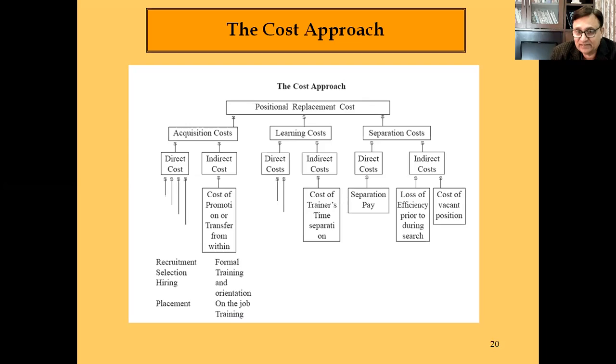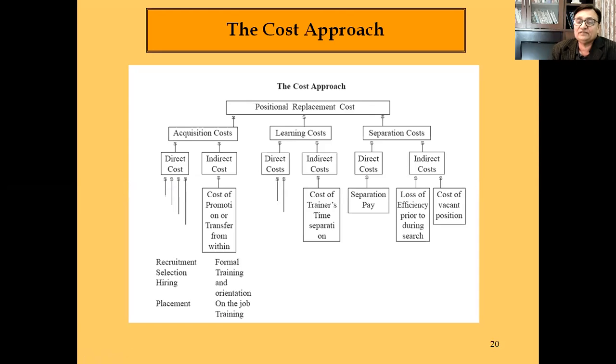Similarly, separation cost. Separation means you fire the employee from the organization, you retire the employee from the organization. Because of that, you have to pay certain separation pay, you have to incur certain loss of efficiency prior to and during the search, and cost of a vacant position.